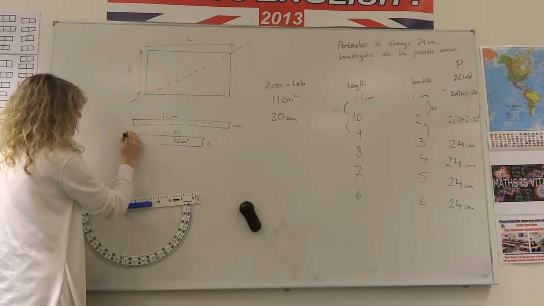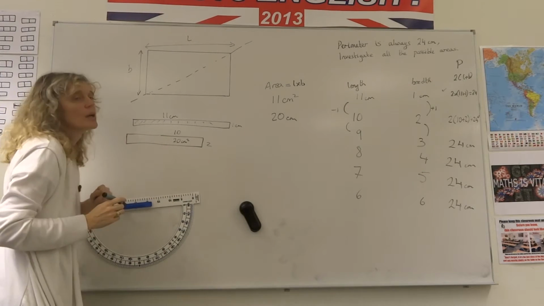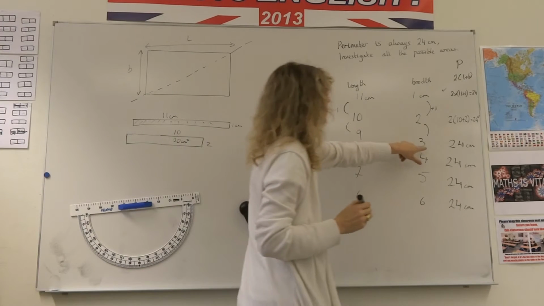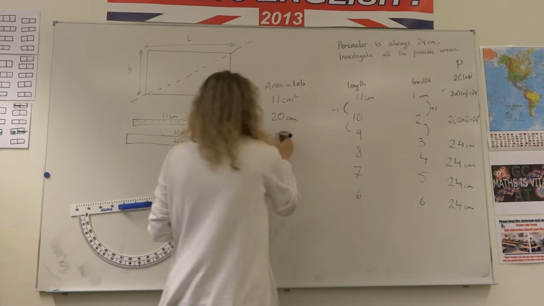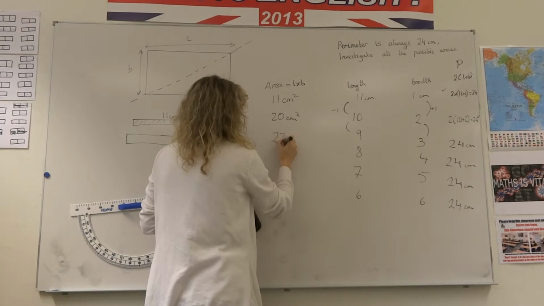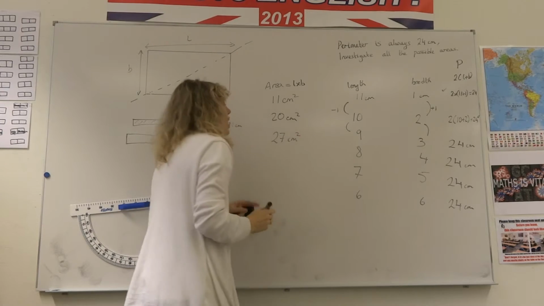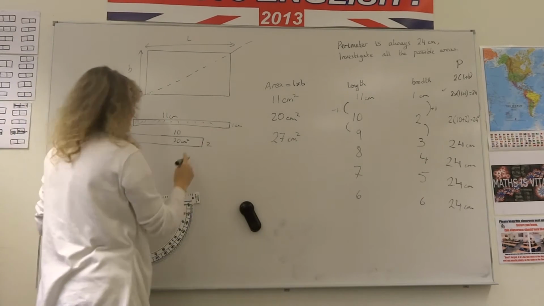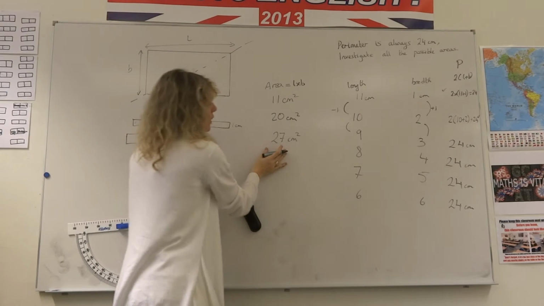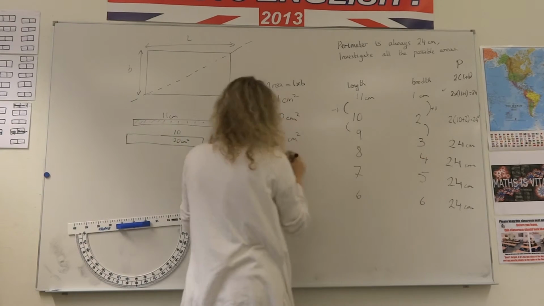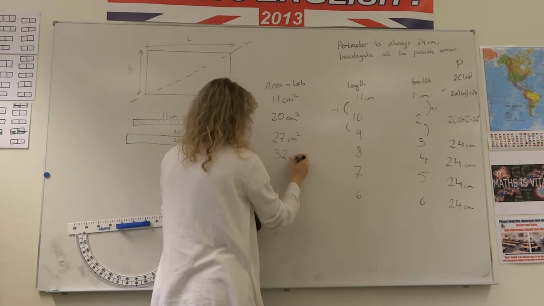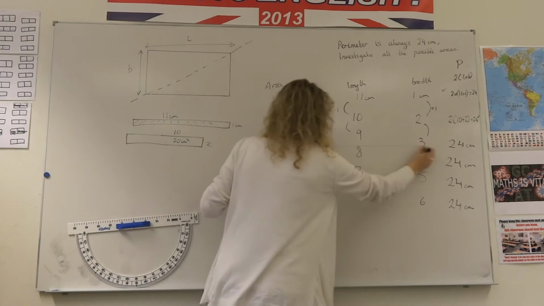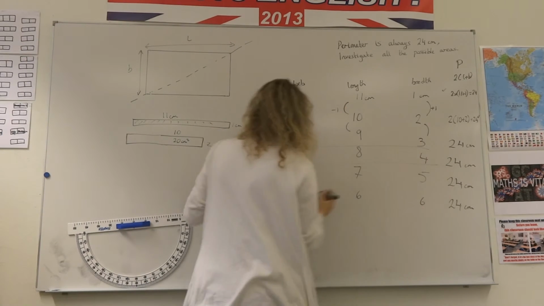Should be something like that. This one, 3 nines, 27 centimetres squared. So changing it to 3 by 9 is increasing the area even more. We're getting 27. 8 fours are 32 centimetres squared. We're getting quite a nice big area now.